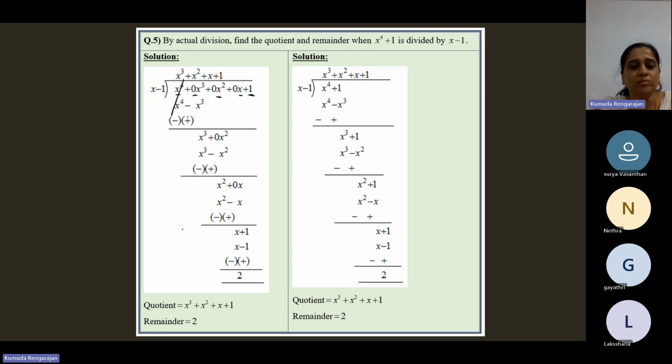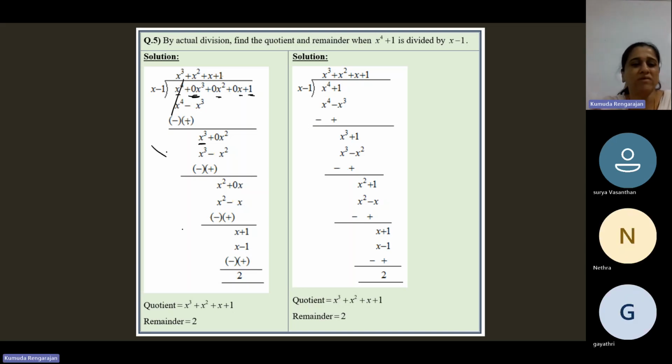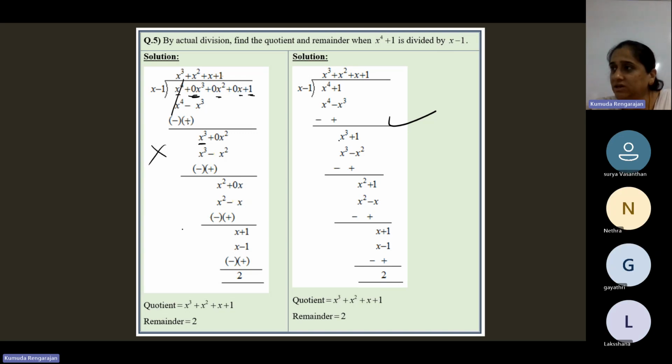So now 0x cubed and plus x cubed is x cubed. You don't have to do it like this. When you're arranging the terms in the remainder, arrange the terms in the descending order of the powers of x. Keep that in mind. But if your teacher fills the missing terms like this, then you can use this procedure.